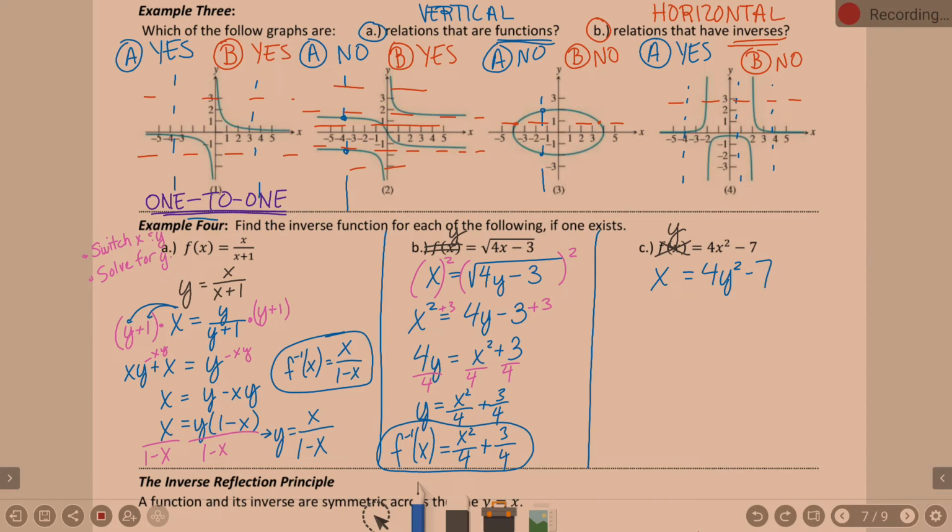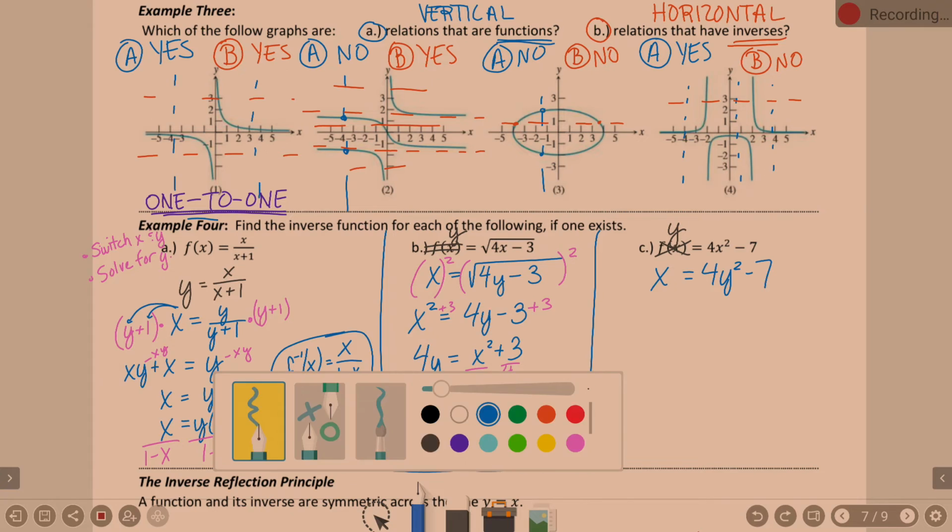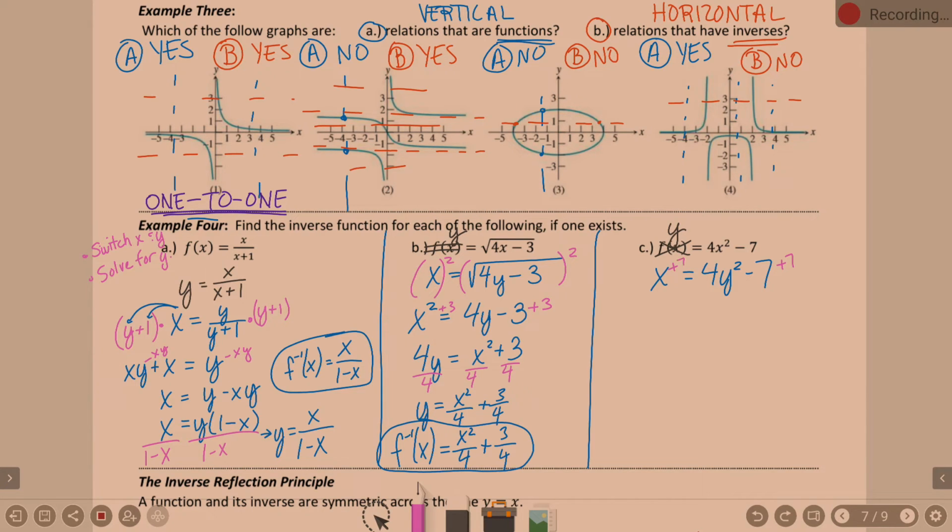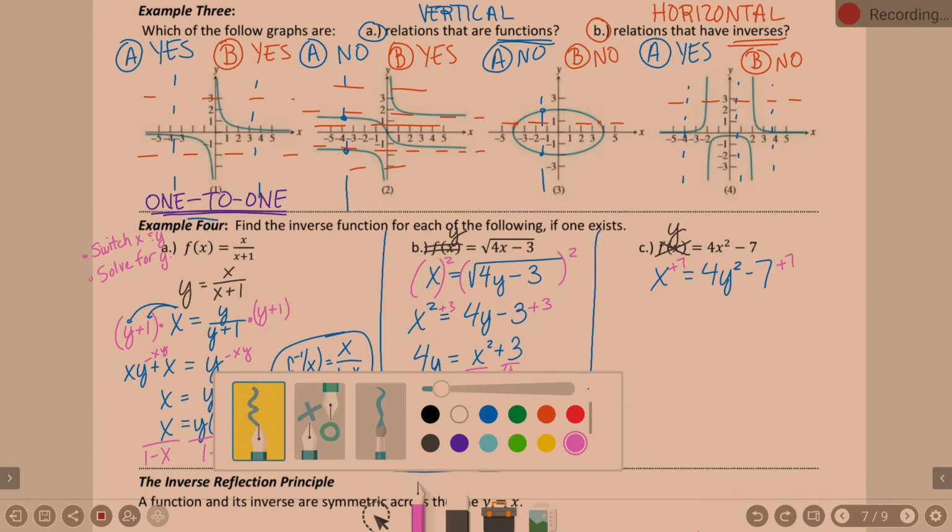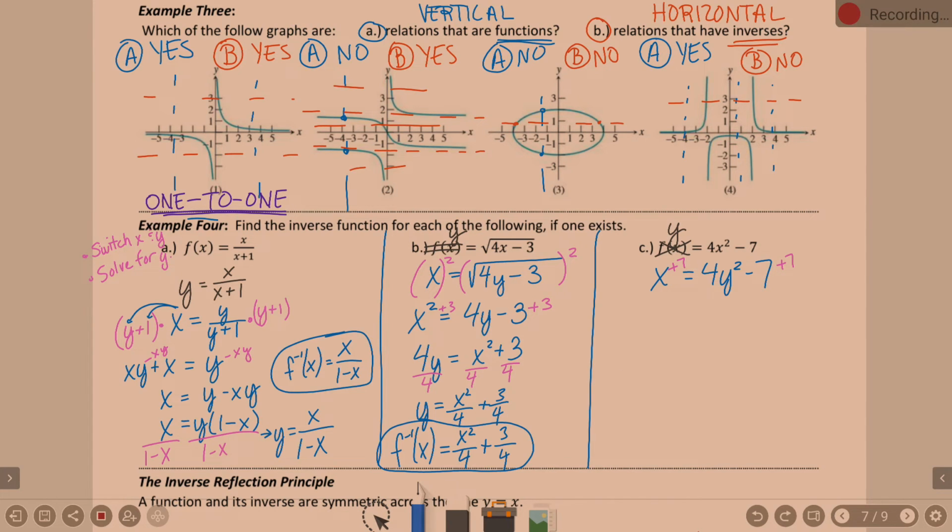How would you like to solve? Add 7. I'm going to switch my sides. 4y squared equals x plus 7.